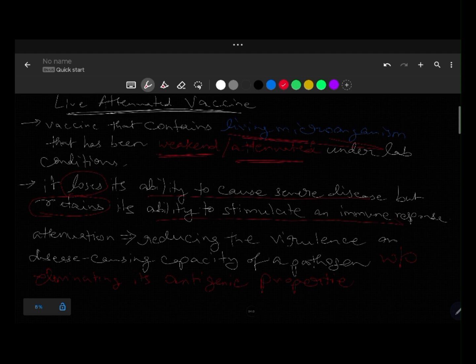So you reduce the virulence, but you do not fully eliminate its antigenic properties.